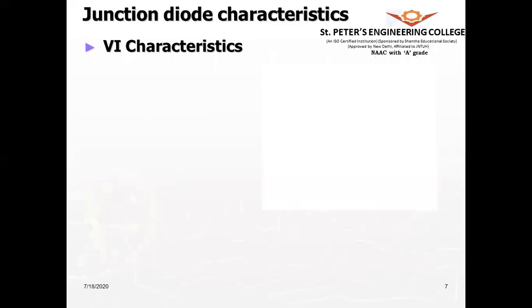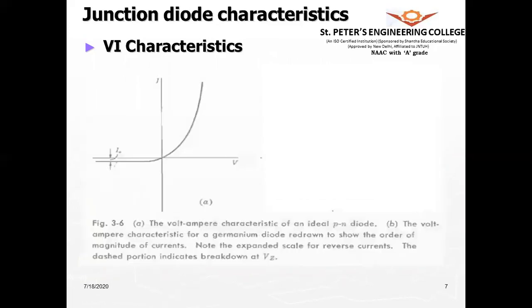Okay, now let us look into the actual VI characteristics, that is the voltage and current characteristics of the junction diode. When the PN junction is forward biased, we see that the current varies and rises in an exponential manner.